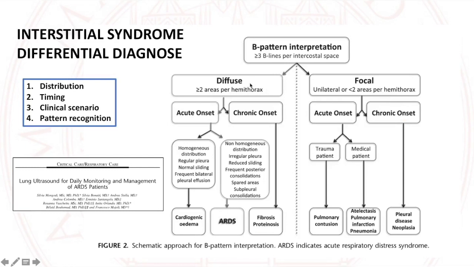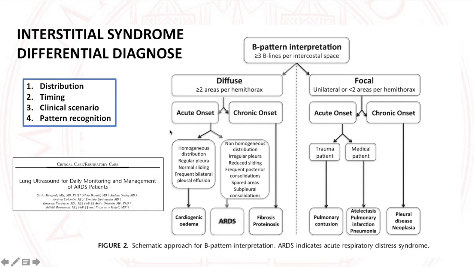So to approach interstitial syndrome and to make a good differential diagnosis, we must use this approach. We start by assessing if the interstitial syndrome is diffuse or focal, and then we try to understand the timing of the onset of this scenario, because if it is acute or chronic, it might have very different causes.